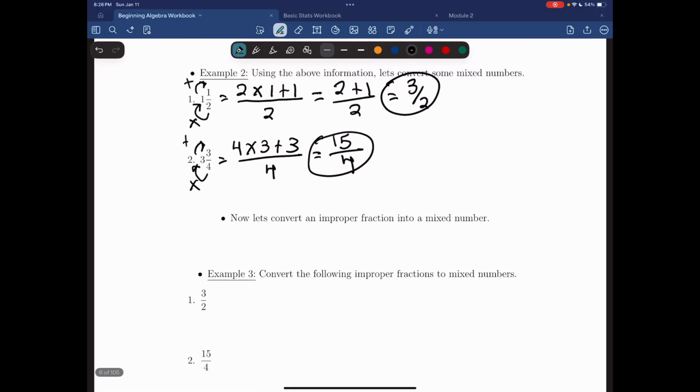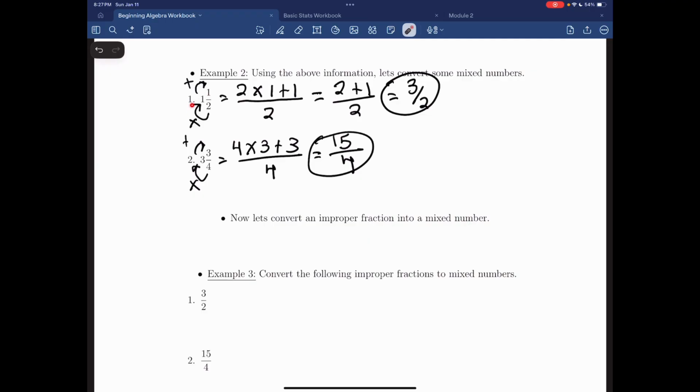Now, let's go the opposite way. Let's say we're given an improper fraction like this, and we want to convert this into this. Let's take a look at how to do that. So recall, an improper fraction is when the numerator is greater than the denominator. So that means that the value is going to be 1 or greater, which is why we can convert this into this.